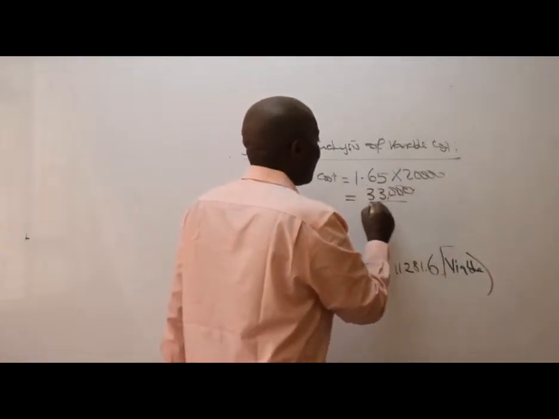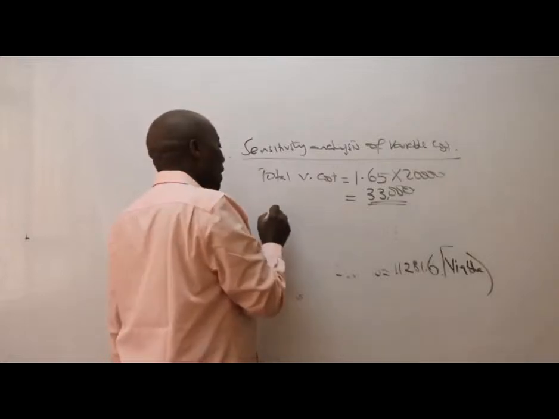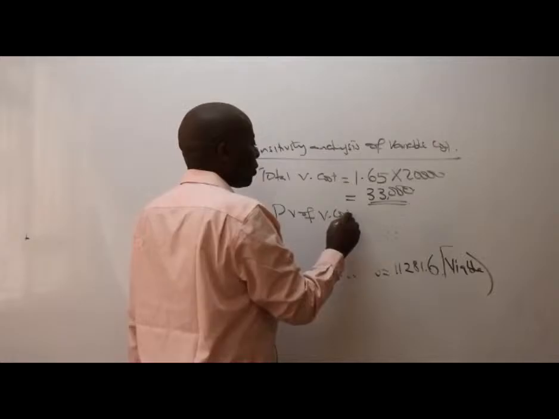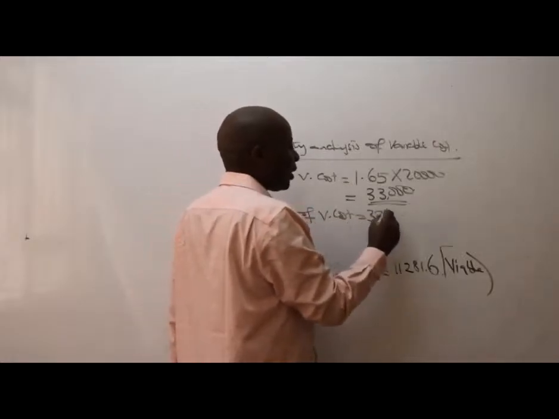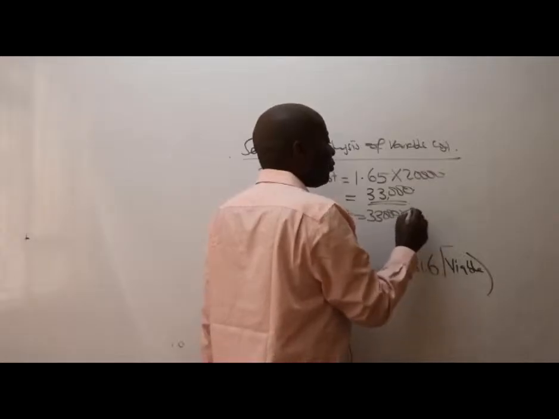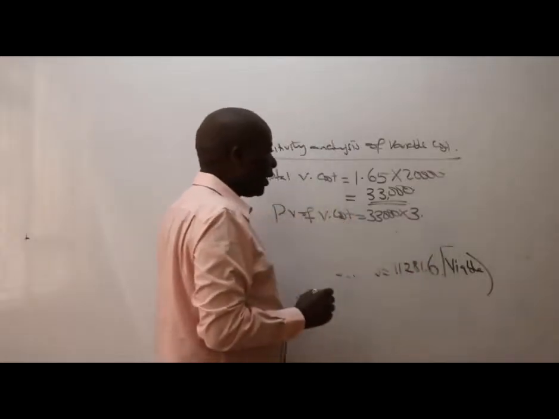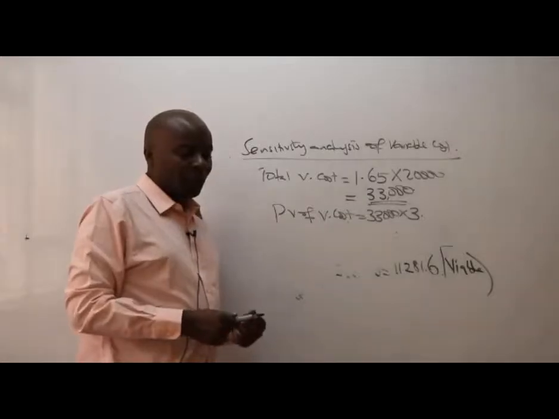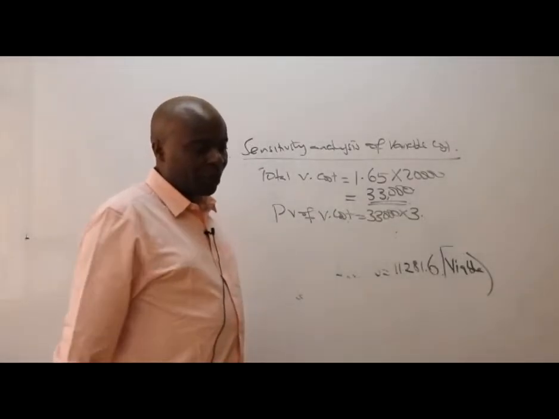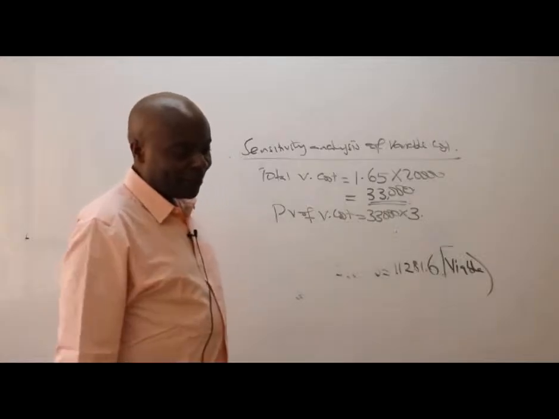Ladies and gentlemen, the moment I get this figure, then straight away I need to present value it. So present value of variable cost, I will take this 33,000 times PVFA. You guys have to remind Mwalimu, it was 3 point something. Please remind me the PVFA.